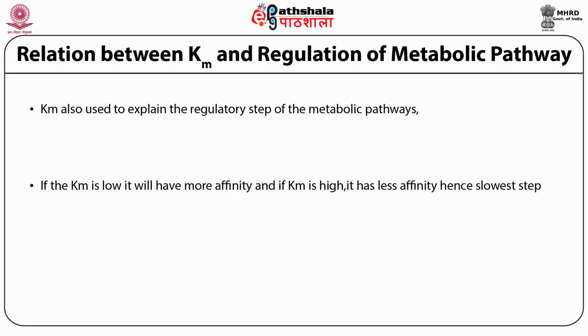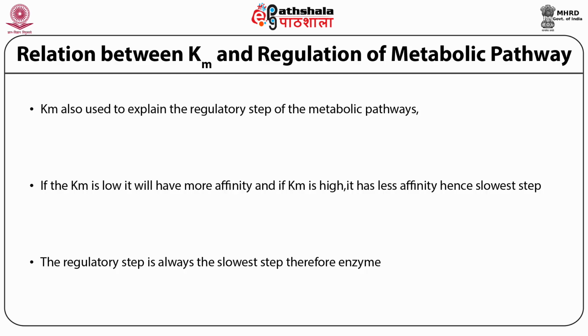If Km is low, then it has more affinity. If Km is high, then the affinity is less. And the regulatory step is always the slowest step. The enzyme which has the highest Km is going to be the slowest enzyme.